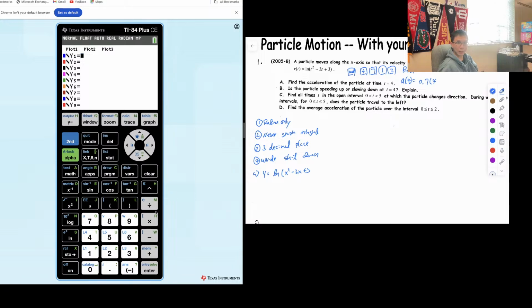So here I'm going to type in natural log of x squared, minus 3x, and then plus 3. And then I'm going to close the parenthesis, and I'm going to graph. It looks like this beautiful blue graph. Okay.